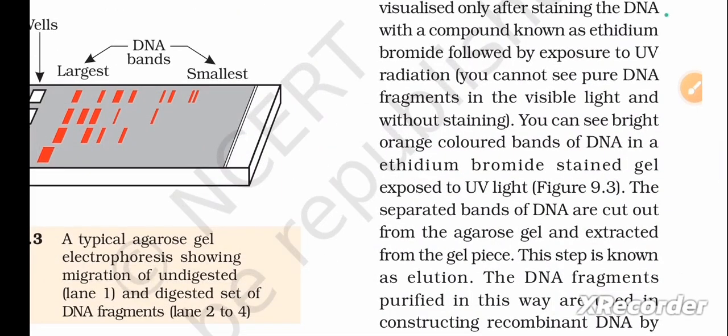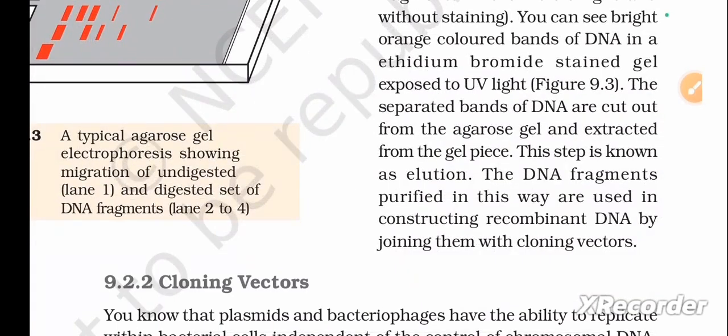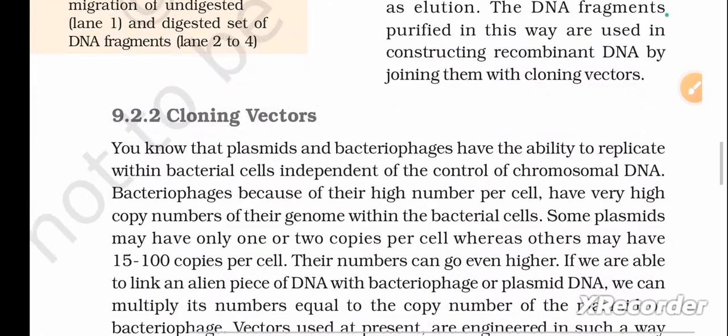You can see bright orange colored bands of DNA in an ethidium bromide stained gel exposed to UV light, figure 9.3. The separated bands of DNA are cut out from the agarose gel and extracted from the gel piece. This step is known as elution. The DNA fragments purified in this way are used in constructing recombinant DNA by joining them with cloning vectors.